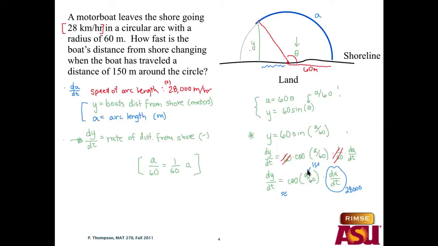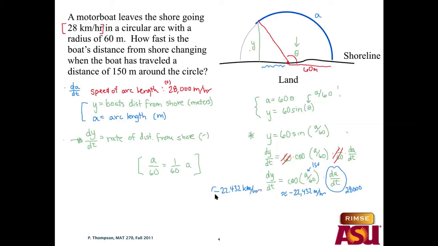This does come out to be, let's see, I worked this out earlier someplace or another. I think it's like 22,000 something. Negative 22,432 approximately. That would be meters per hour. So otherwise known as approximately approaching the shore at 22.432 kilometers per hour.